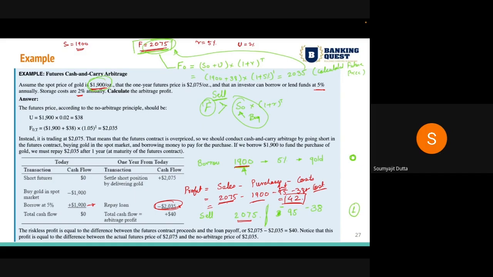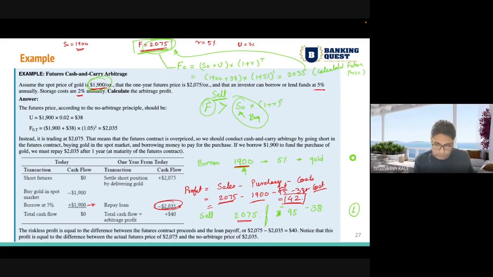Okay. Calculate arbitrage profits. Just give me a sec. Borrowing, repaying the loan for 1 year. How is 1900 getting to 2035? Oh, I got it now.